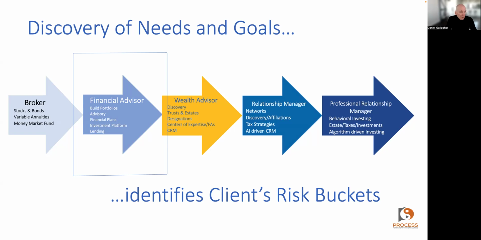These are not titles. I have changed them to skill sets. This is your skill set. When you're a wealth advisor, you can do discovery, trust and estates. You have designations. You work with your centers of expertise and other FAs, and you have a CRM.